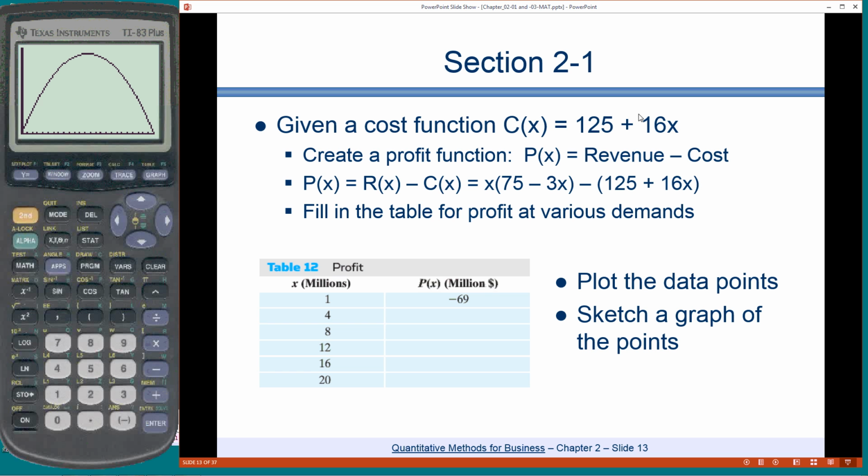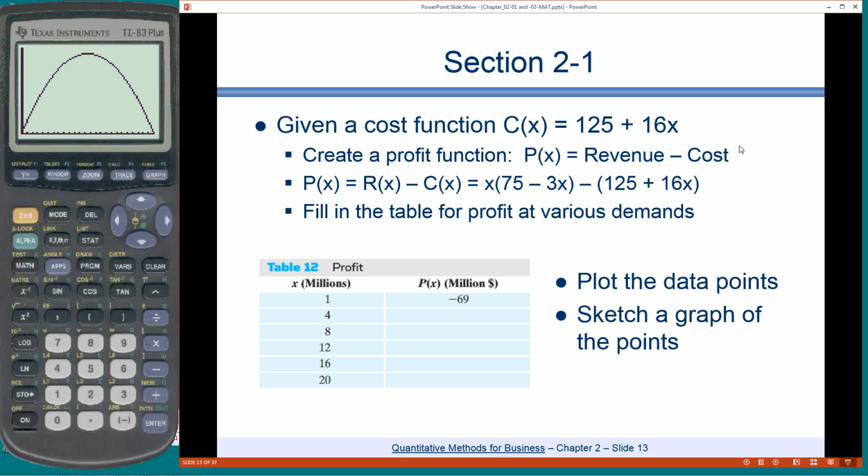And we want to create a profit function from that using our revenue function that we've already got. Well, in business, the definition of profit is revenue minus cost. Revenue is how many dollars you get in for selling things. That's what this is, x times 75 minus 3x, minus the cost.